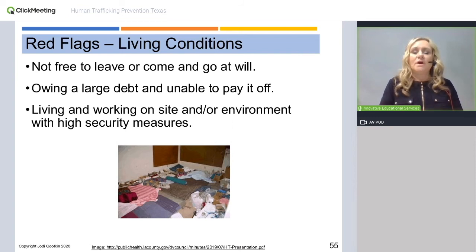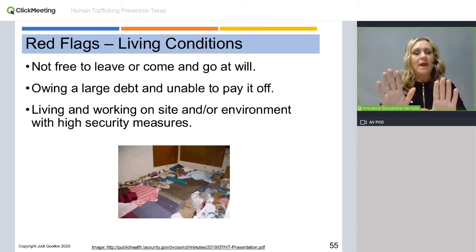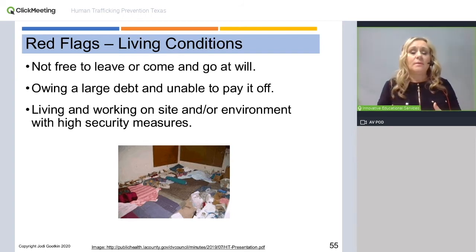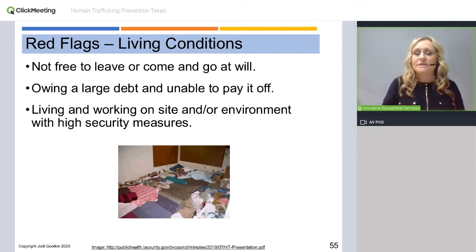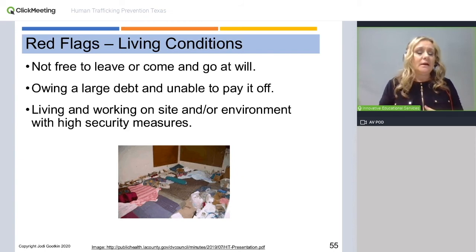If they're in an environment that's high security, dogs, guards, fences, even something that may seem simple where the windows are covered in something opaque, that might be a way of isolating that individual or not letting others see what's going on inside. When you're talking about their sleeping situation, for example, are they saying that they sleep on the floor, they don't have a bed?